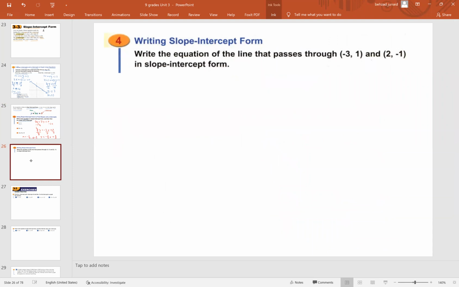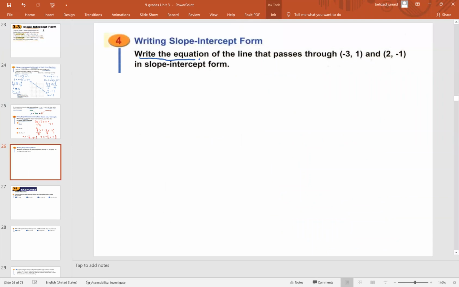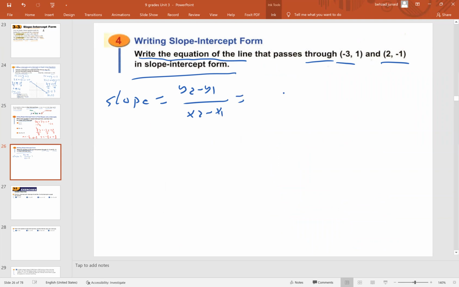And the last one, writing slope-intercept form. Write the equation of the line that passes through negative 3, 1 and 2, negative 1 in slope-intercept form. First of all, by the points, we are going to find the slope. Slope equals change in y over change in x, which is y2 minus y1 over x2 minus x1. This is x1, this y1, this x2, this y2.